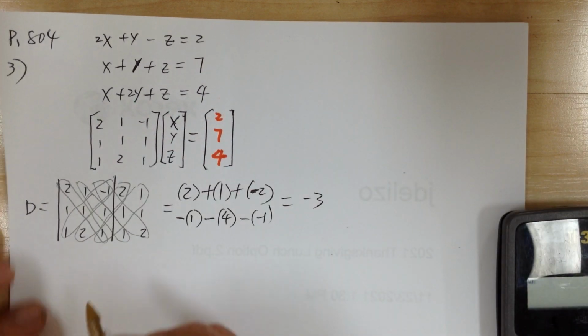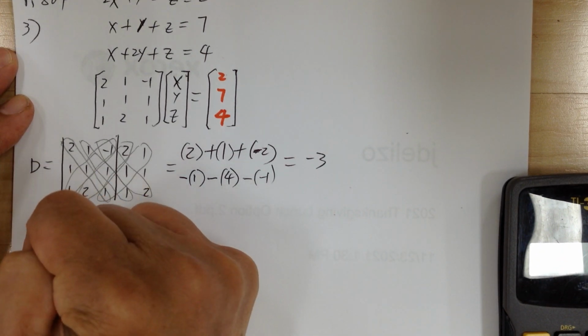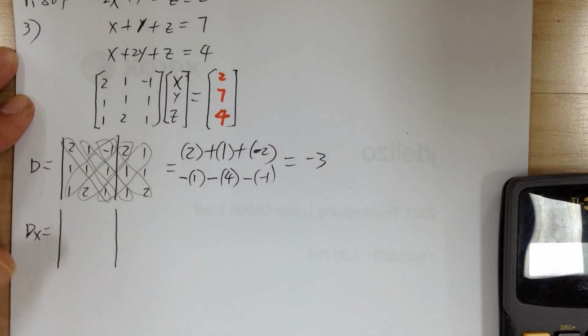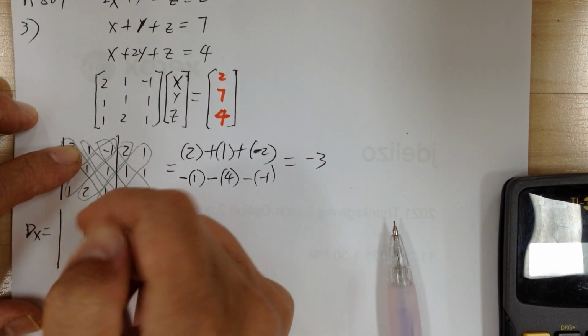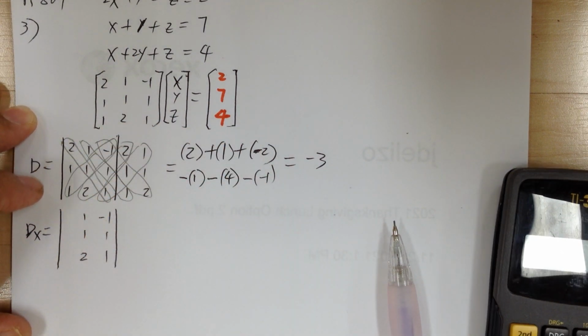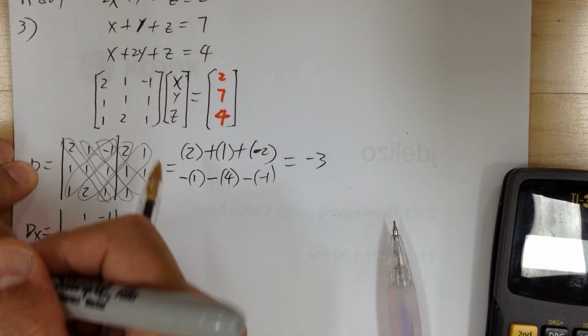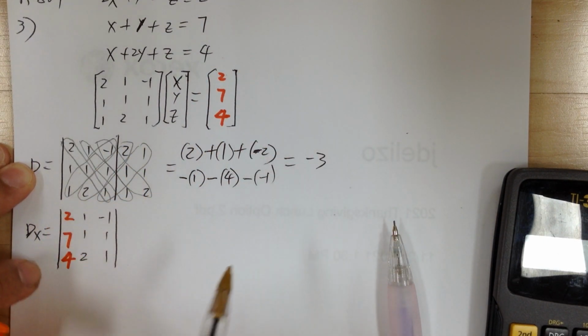Okay, now let's go and do Dx. So before I change, I'm going to copy this first. Okay, copy the other two columns first. So I need to replace the first column with the answer matrix, which is 2, 7, 4.